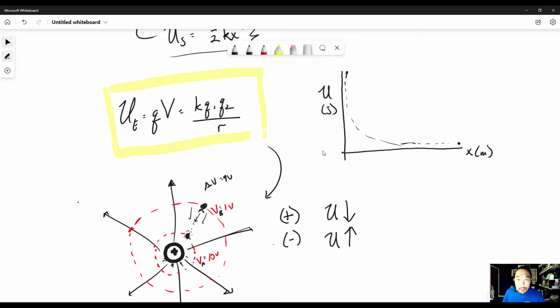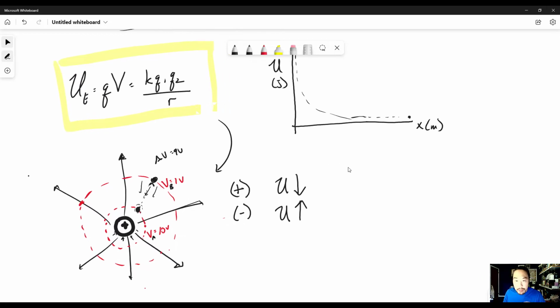Now, a scenario for this could be a positive and a positive here. So when the two objects are very, very close to each other, x is small, our potential is big. But if we move that positive charge away, we can say x is big, potential is small.